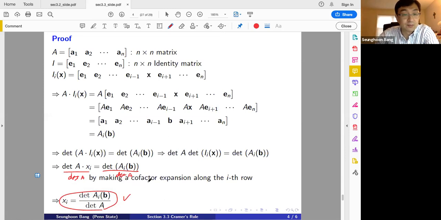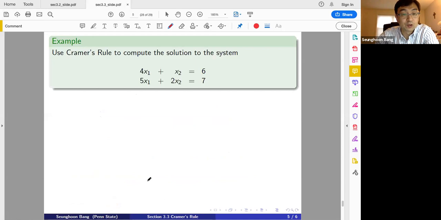I want to give some examples here. First example: use Cramer's rule to compute the solution to the system. We can change the system to the form Ax equals B. This is the matrix 4, 1, 5, 2 times x1, x2 equals 6, 7.